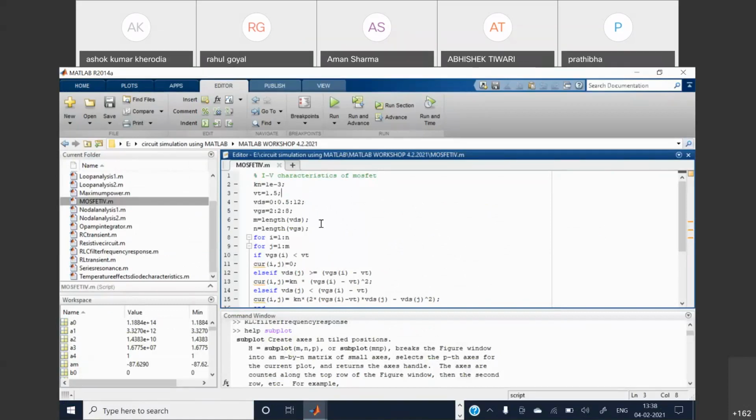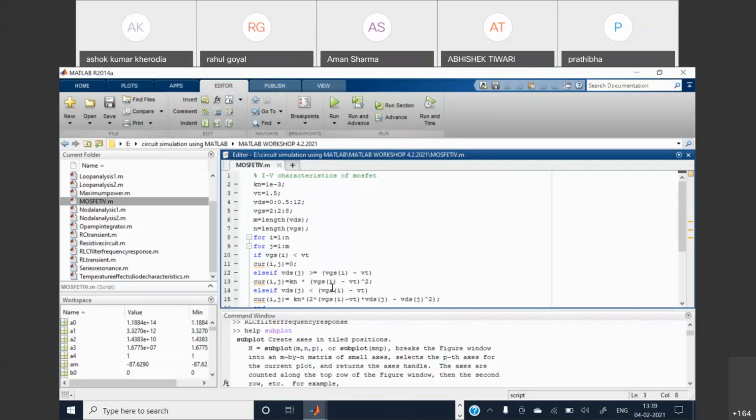Now I want to compute, because I want to plot ID versus VDS for different values of VGS. So I took 2 for loops, for i equal to 1 to n and for j equal to 1 to m. When VGS is less than VT, the current is 0. When VDS(j) is greater than VGS(i) minus VT, then the current is Kn into half of (VGS minus VT) whole squared.